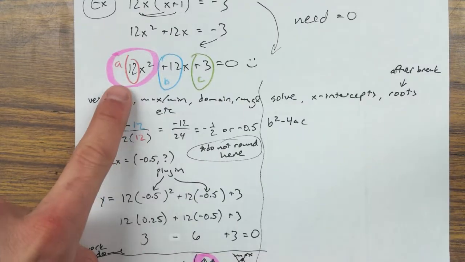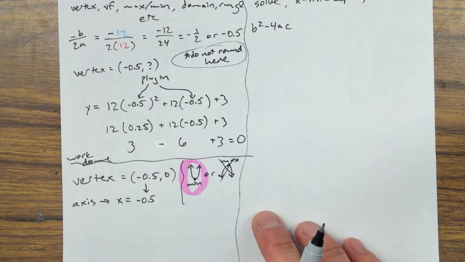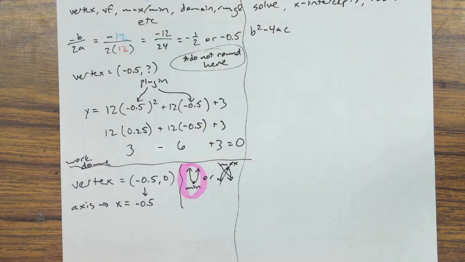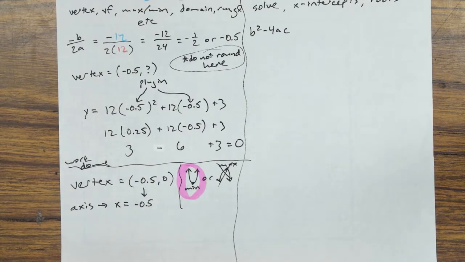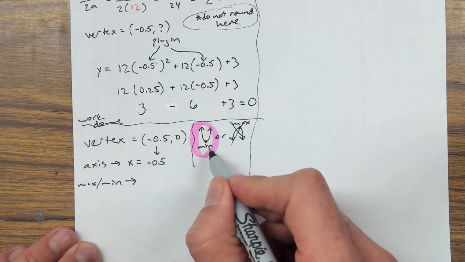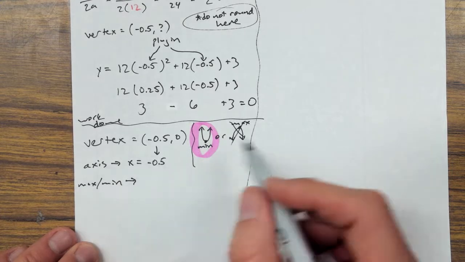So up here, the A is the giveaway on the direction, if it's upside down or not. That just is a shout out to when we were doing transformations QR8 early last week. That was assignment 3.1. Okay, that move right there was assignment 3.1. So because of that, when I ask for the max or the min answer, we automatically know, based on which direction it's going, it's not going to be a max.